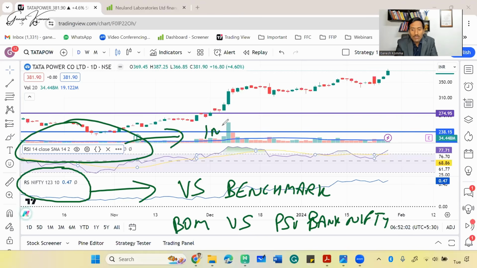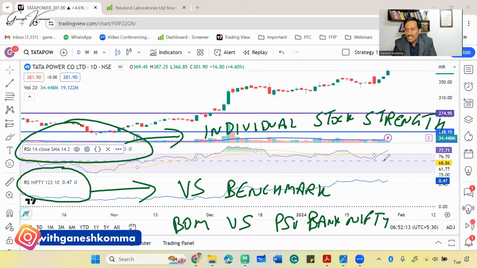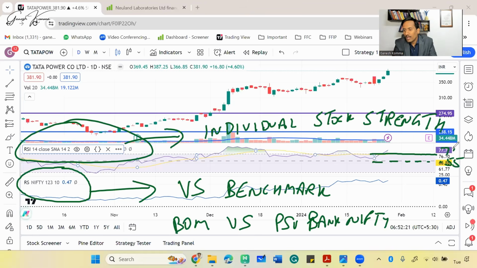RSI is individual stock strength. For the last 14 days period, you're looking at the individual stock strength, considering that your 50 or 55 is your base, 70 is your upper zone, and 30 is your lower zone.